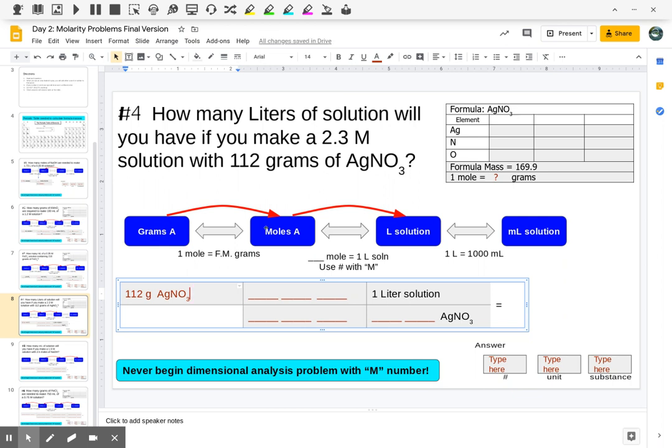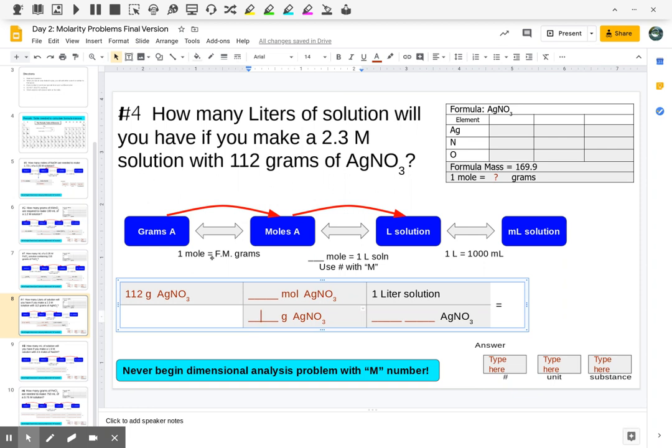Now, if you follow your path, we're going to go from grams of A to moles of A. So we're going to cancel grams of AgNO3 at the bottom. We're going to convert to moles. One thing you'll notice about these problems is there is no B. So when you're filling in your substance, you won't have to worry about switching to something else.